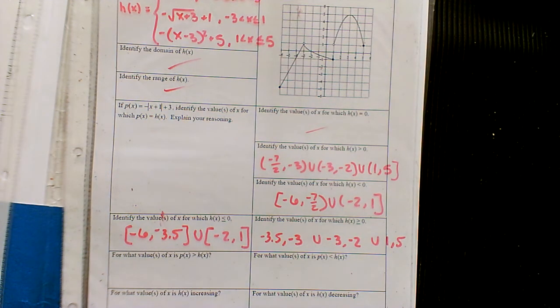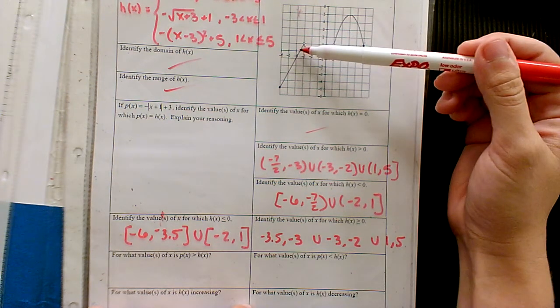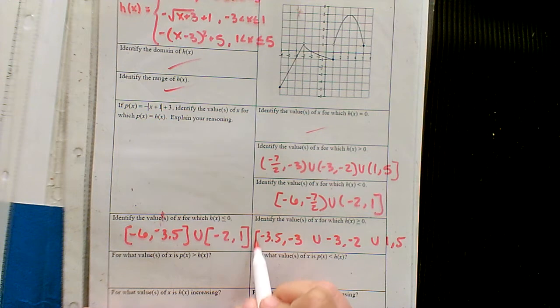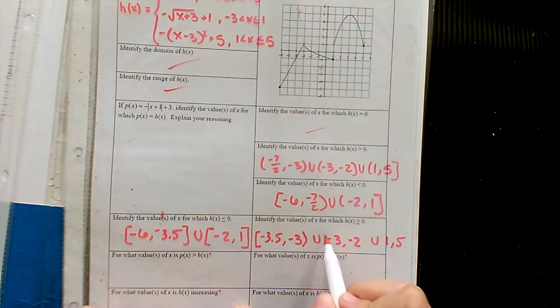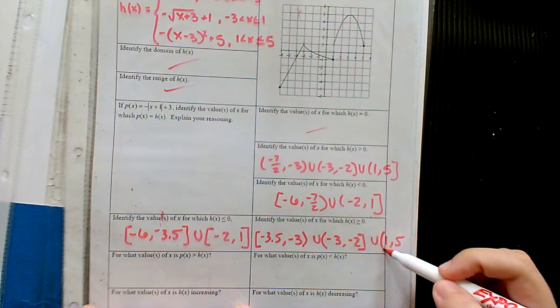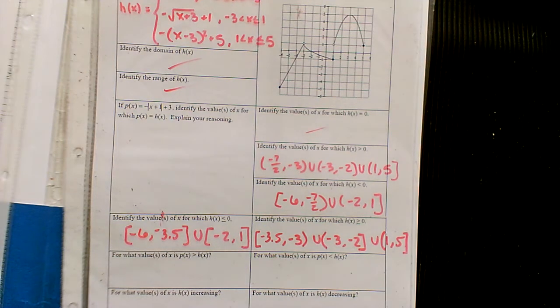So instead of parentheses, we would need a bracket. And again, we said the x-intercepts were -3.5 and -2. Okay, so everything else stays the same. It's just instead of having parentheses on the x-intercepts, now they're brackets. We can count them.